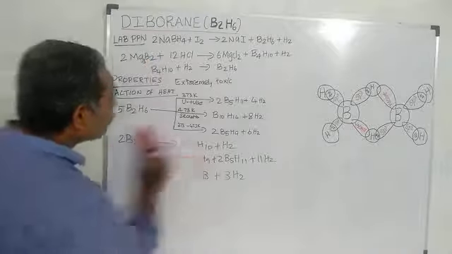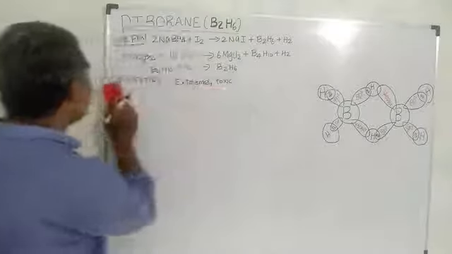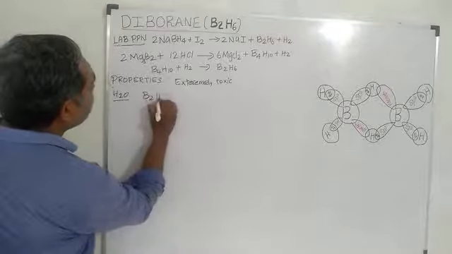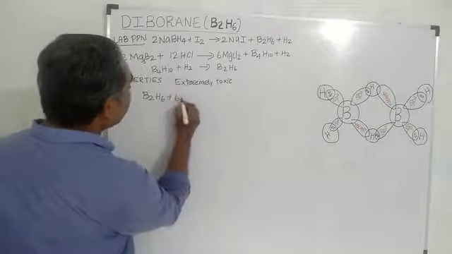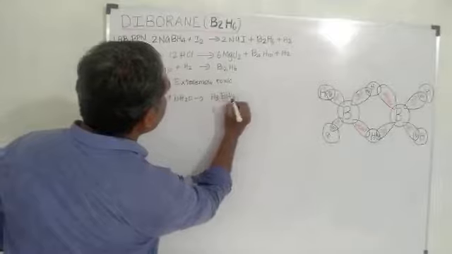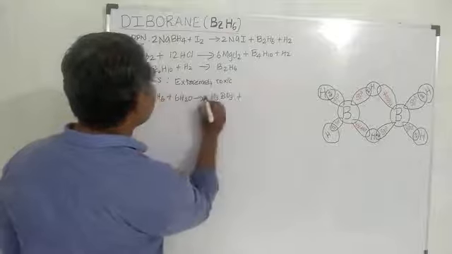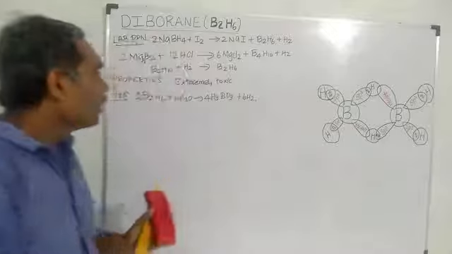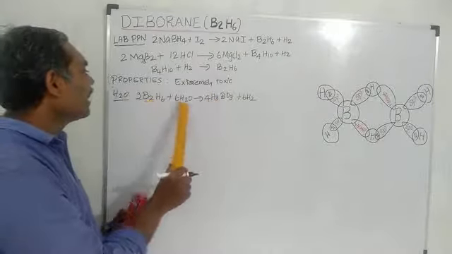So we'll move on to the next reactions, with water. B2H6 reacts with 6H2O and we will get 2H3BO3 plus 6H2. So we are getting orthoboric acid when diborane reacts with water.